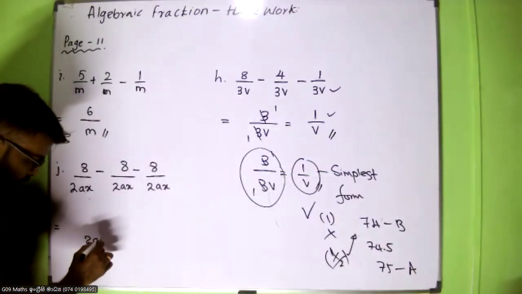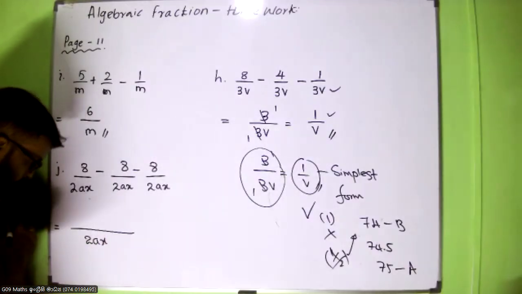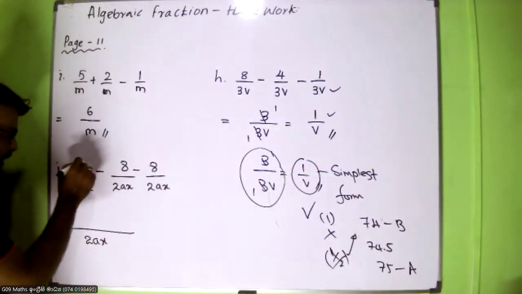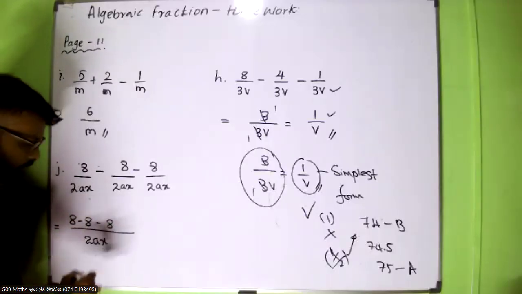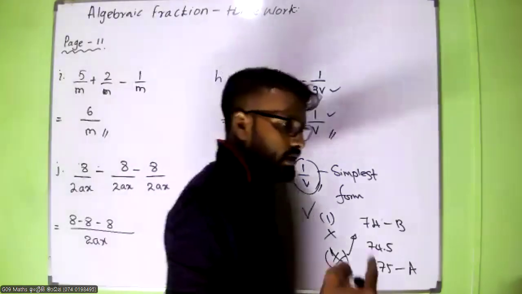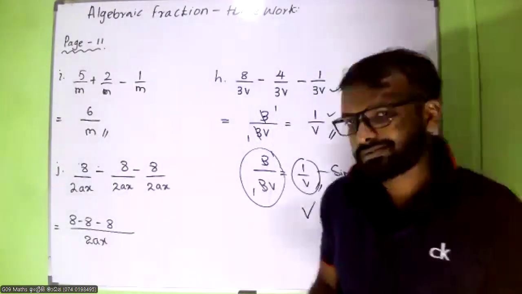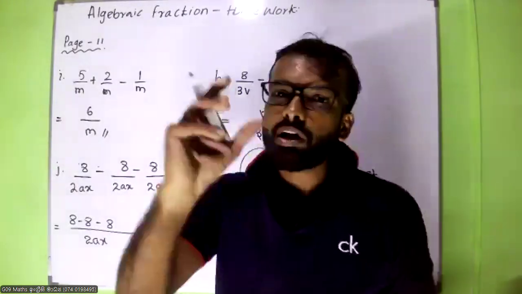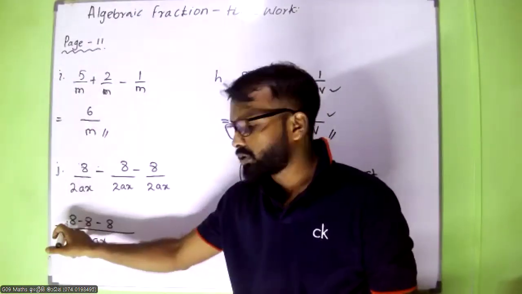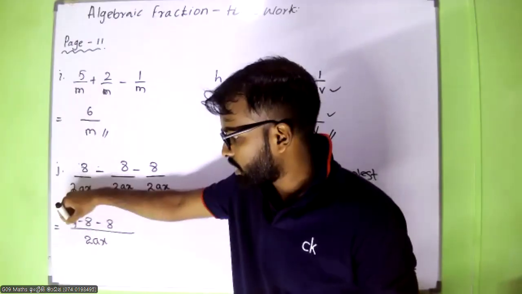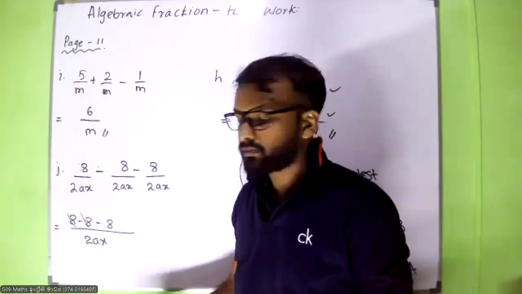Your denominator will be 2ax. 8 minus 8 minus 8. So I am giving you something and taking it back. Positive way, negative way. Cancel out, cancel out.